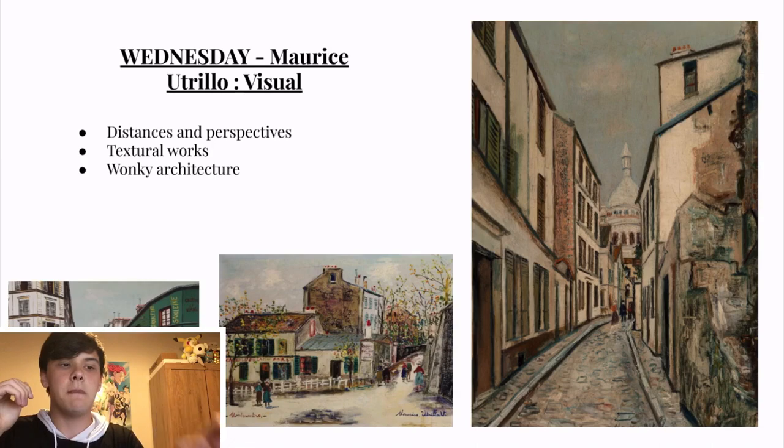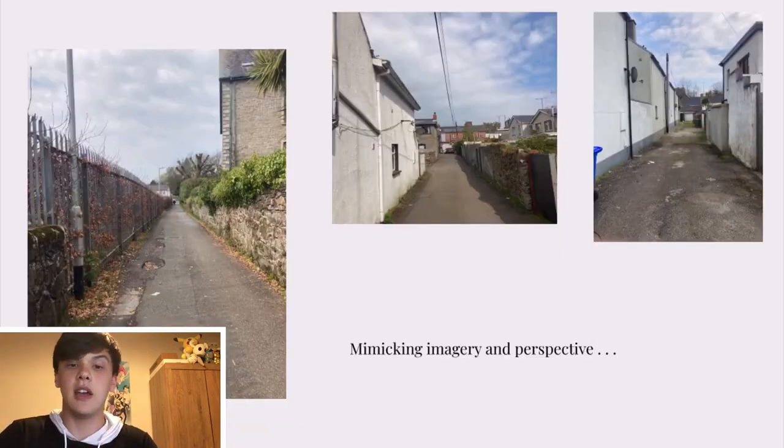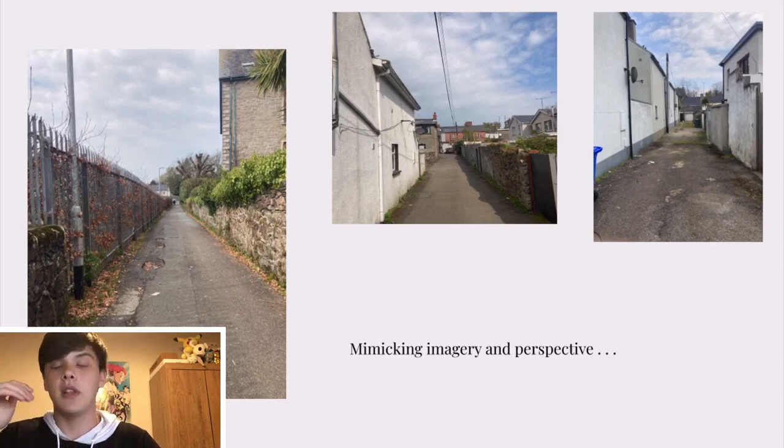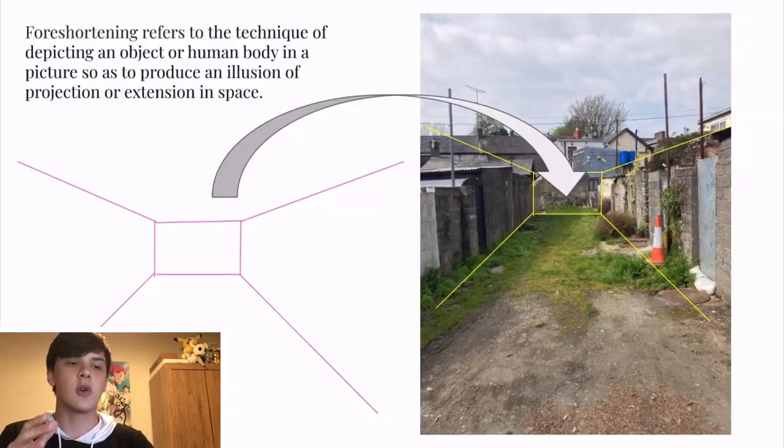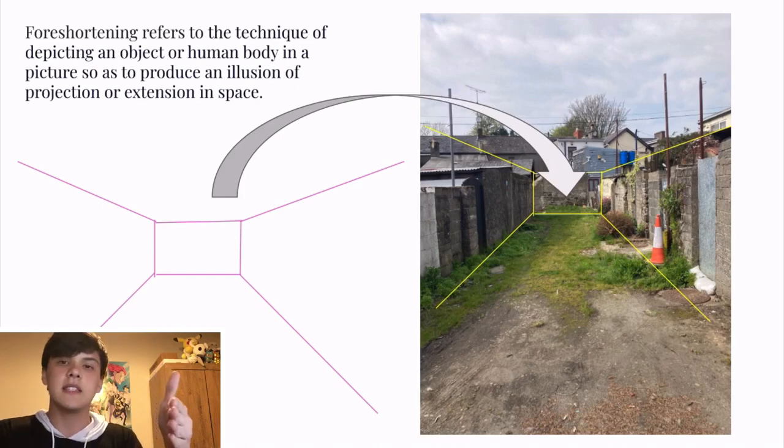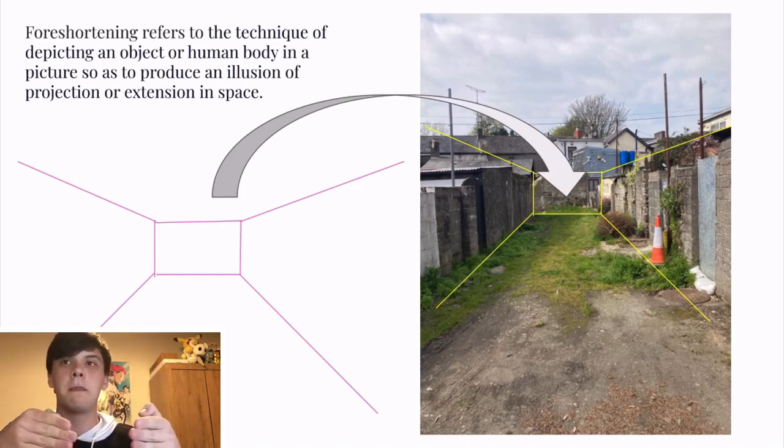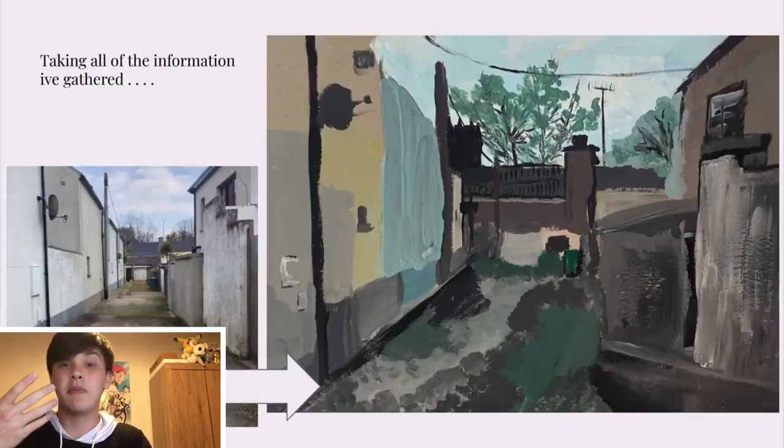In the imagery that I did for photography, I mimicked that pretty well, with long distances of pathways leading into housing estates. This foreshortening was done like the stretching of distance in an image, trying to show the length of a walkway, perhaps.